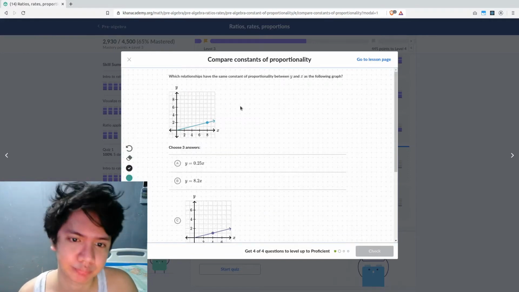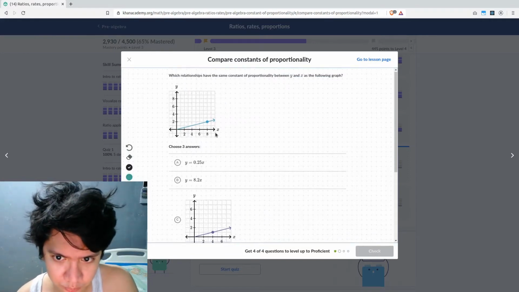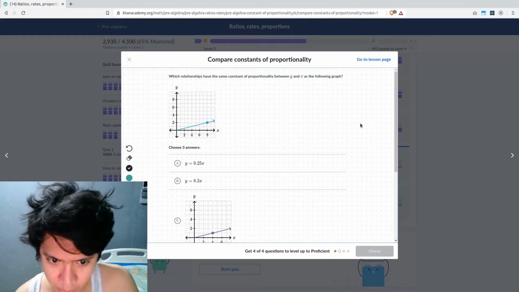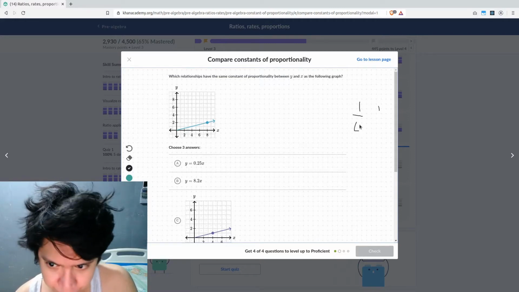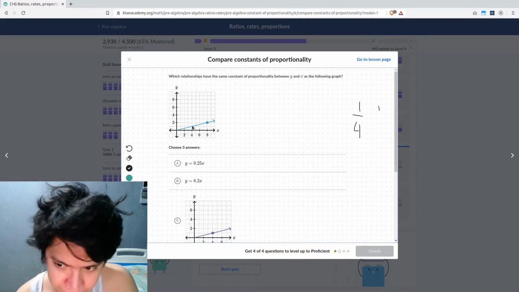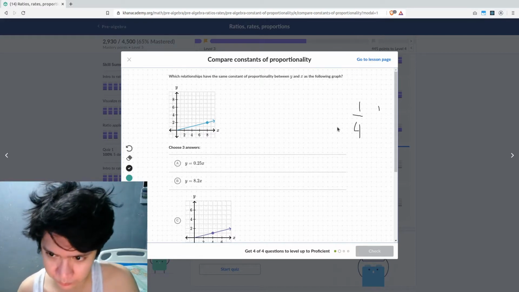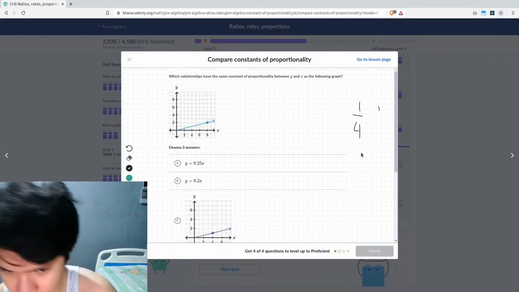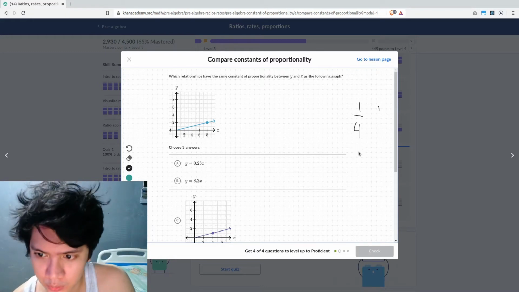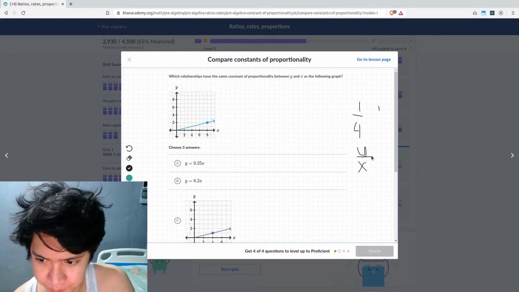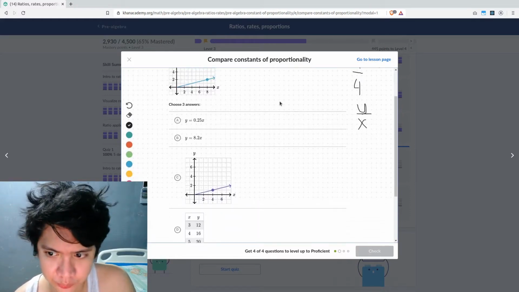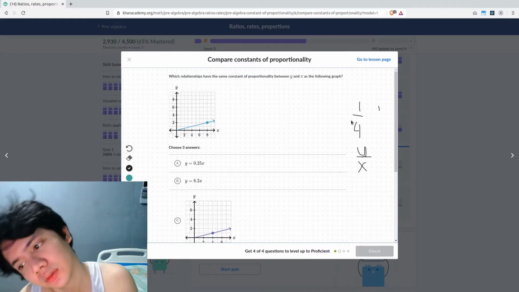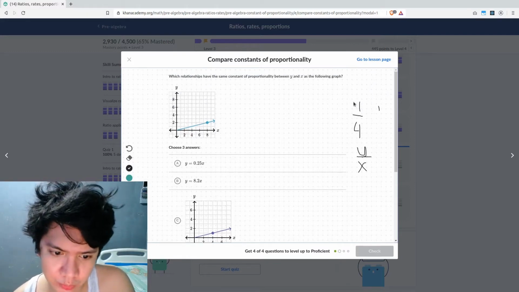Okay, so it's like 1/4. So 4, just 1. One fourth. So if our y is 0.20.